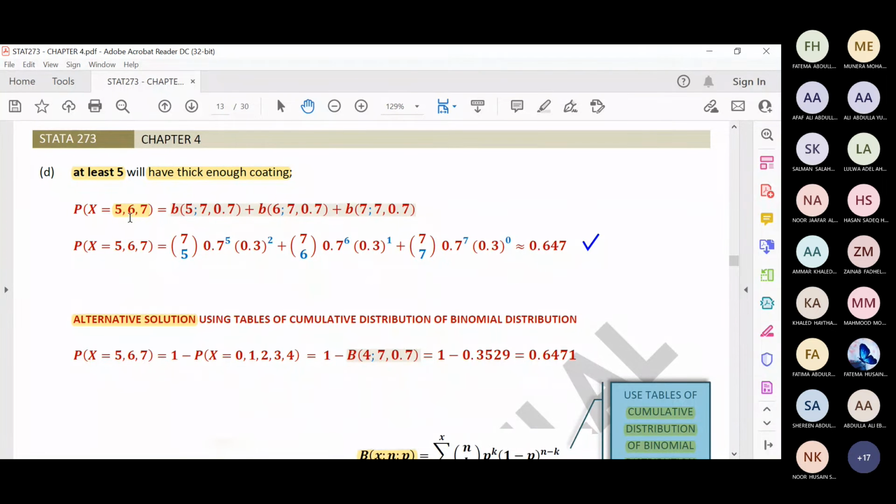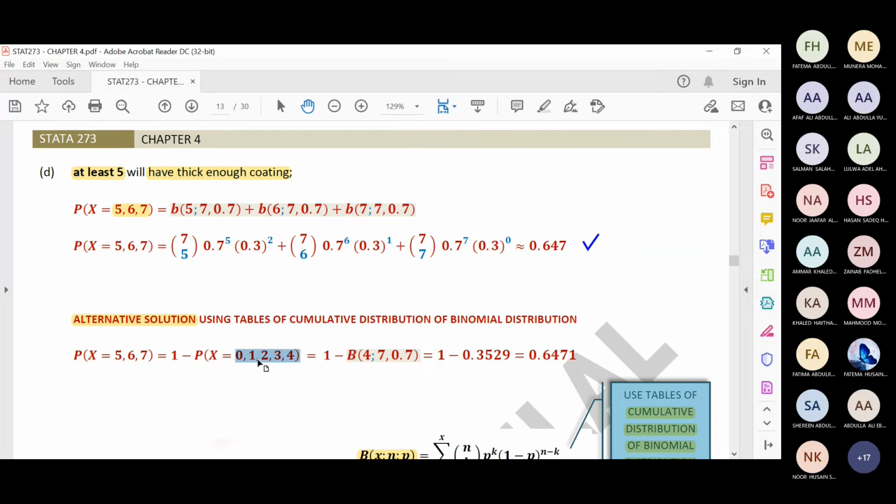I don't need them, everything except the beginning, since we take the ones at the end. So it is 1 minus the probability of getting 0, 1, 2, 3, 4. Now, when you start from the beginning until 4, this is nothing more than the cumulative.